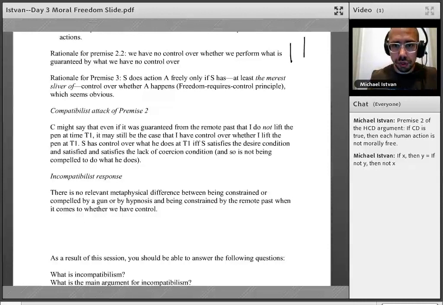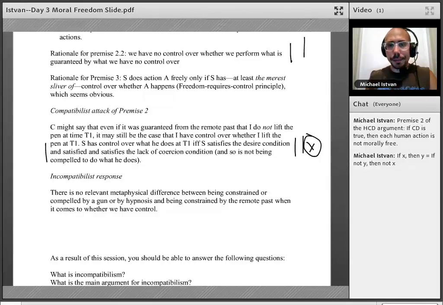Let me get my drawing tool out. Right there. This is the compatibilist account of having control over what one does. I didn't label it as such, but it's just for economy on my slide.